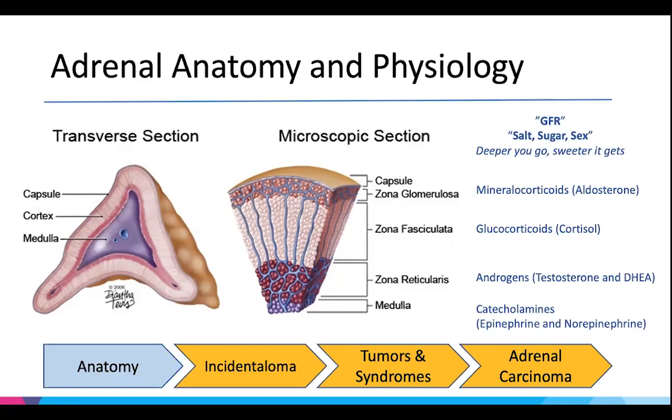The deeper you go, the sweeter it gets is the mnemonic everybody remembers. So that's to say that zona glomerulosa produces mineralocorticoids, like aldosterone. Fasciculata does glucocorticoids, reticularis androgens, and the medulla does the catecholamines, epinephrine and norepinephrine.